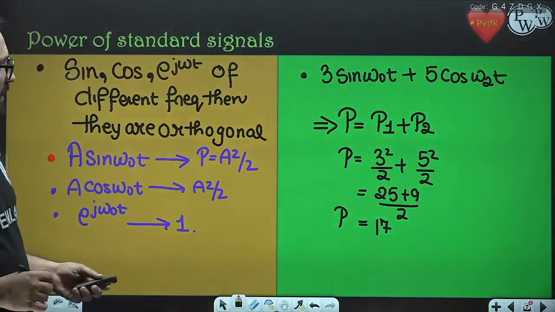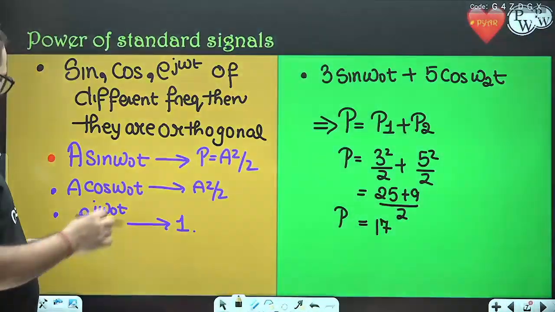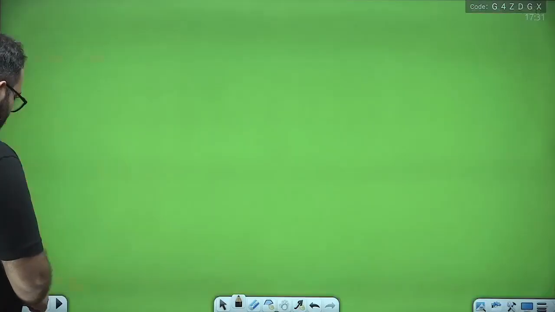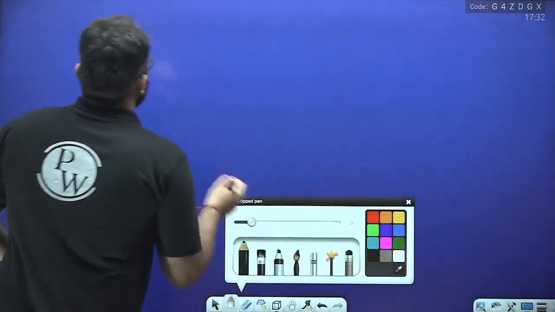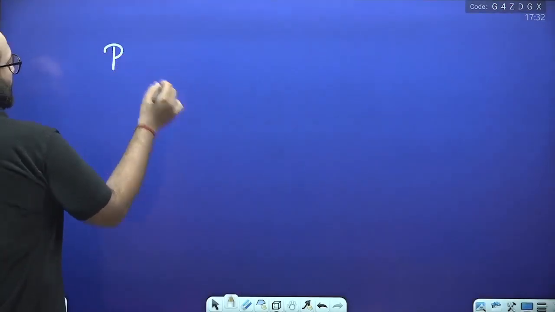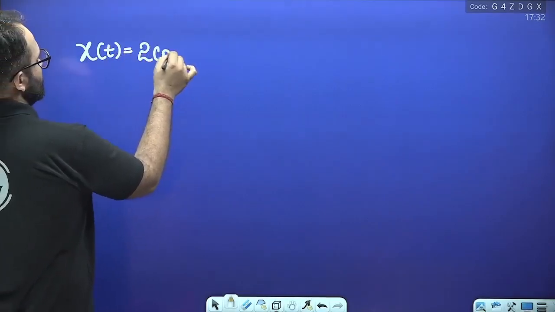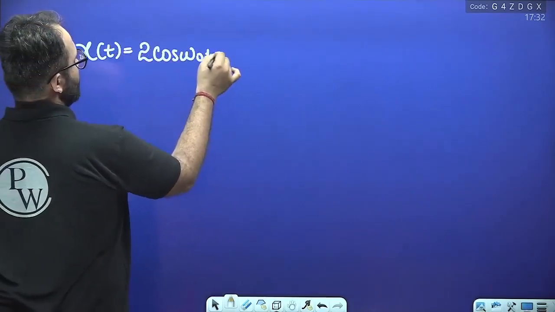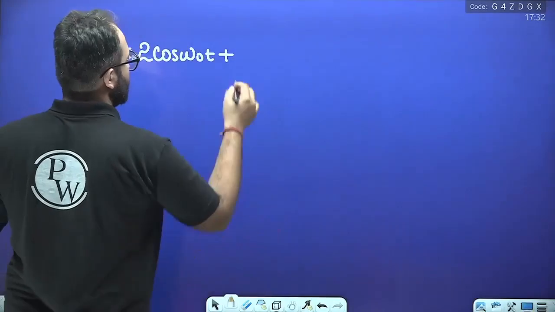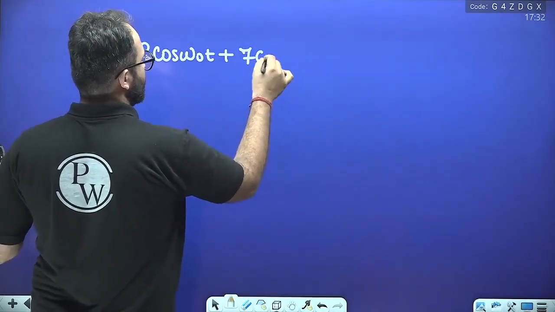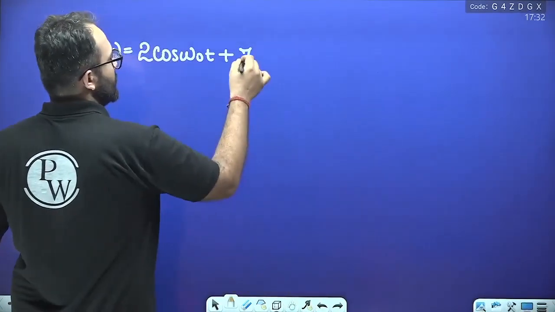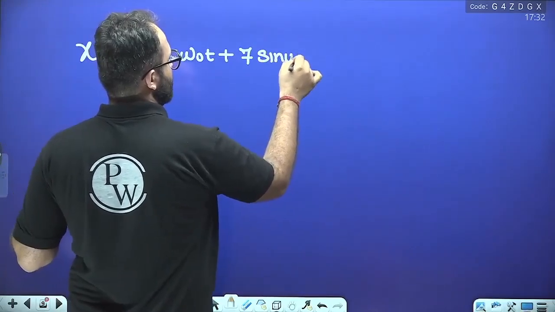Great. But what to do, one more example for more clarity. What to do if the signal is this? Suppose the signal is 2 cos omega naught t plus 7 sin omega naught t.